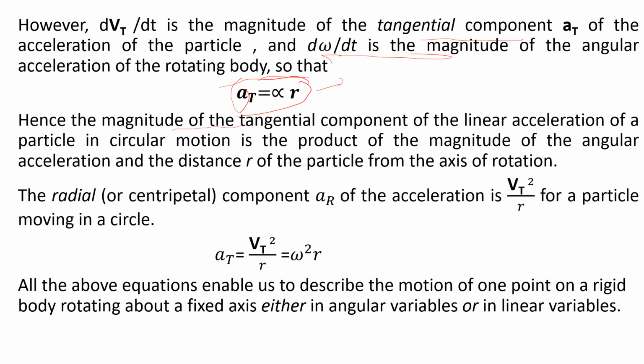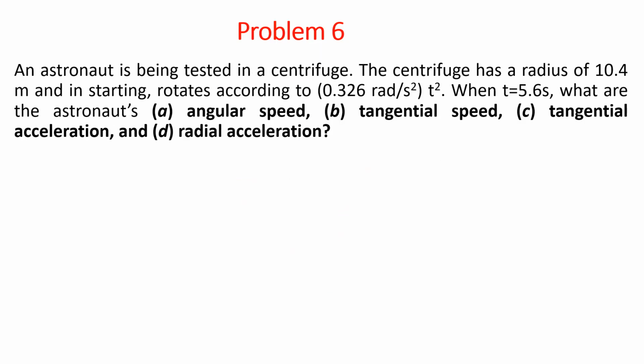Hence, the magnitude of the tangential component of linear acceleration of a particle in circular motion is the product of the magnitude of angular acceleration and the distance r of the particle from the axis of rotation. The radial or centripetal component a_r of the acceleration is v_t square over r, that is omega square r. All the above equations enable us to describe the motion of one point on a rigid body about a fixed axis either in angular variables or in linear variables.